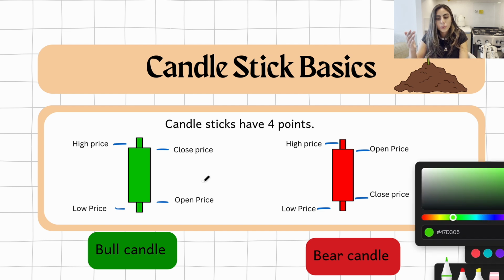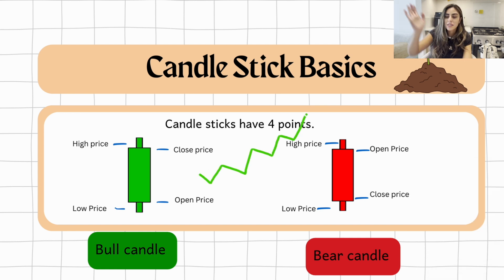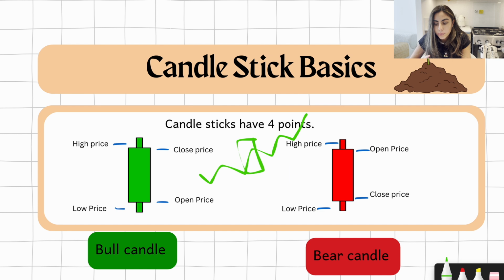You know how we said with a bull candle, buyers are in control? They're trying to push the price upwards, right, in an upwards trend. So of course it wants to close higher and it doesn't want to close lower. It wants to close higher because it wants to go up, buying pressure, right? Now, for the bear candle, selling pressure, so it wants to go down. Remember, red, scary.